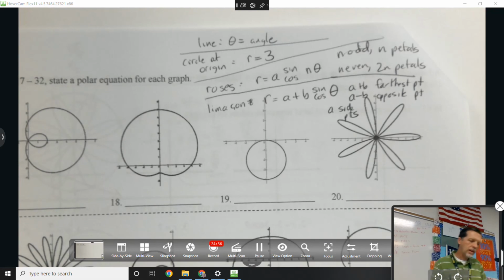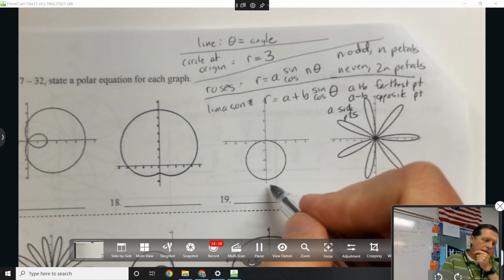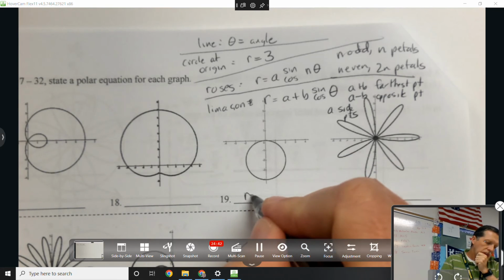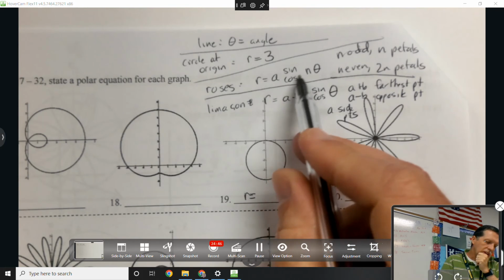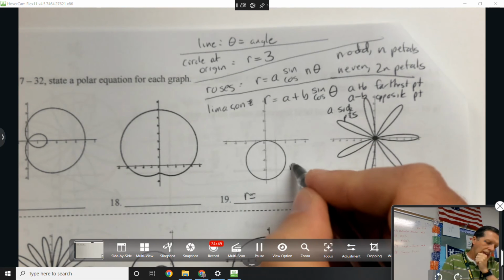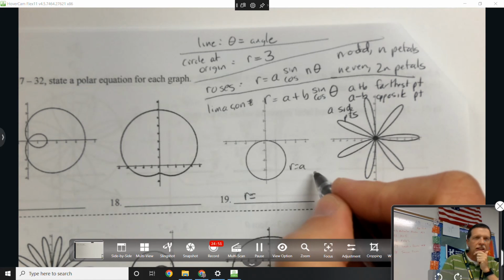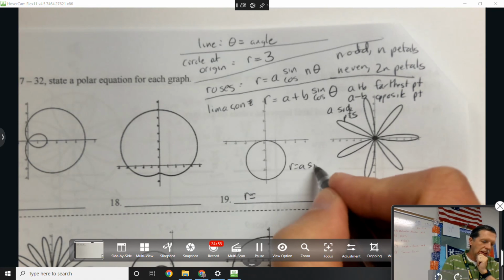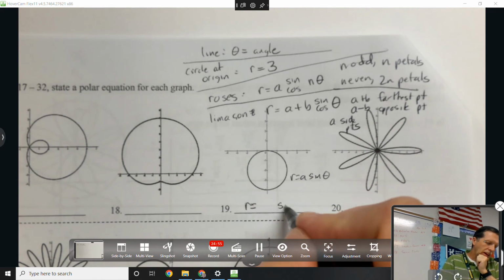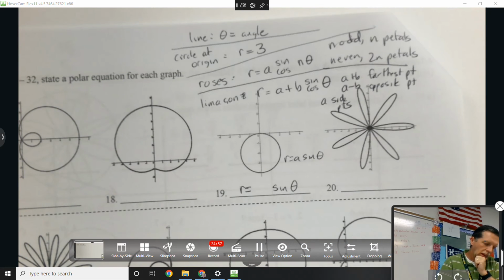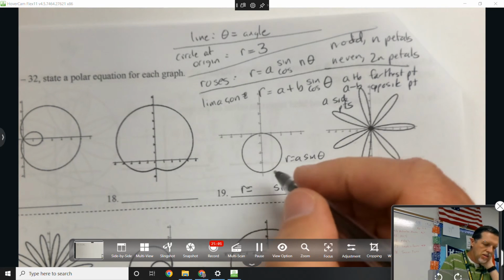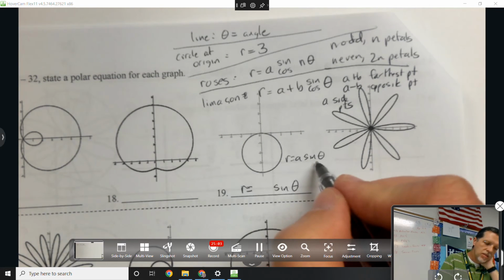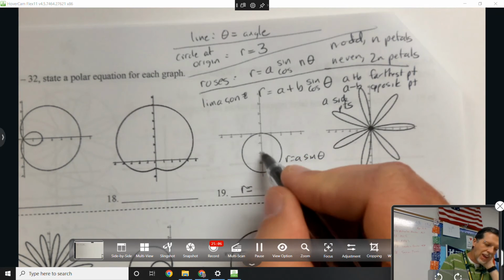Number 19. So let's see. It's a one-petaled rose. So it's going to look like a sine or cosine? Sine. So something sine theta. And what will a be? No, n is 1. What's a?